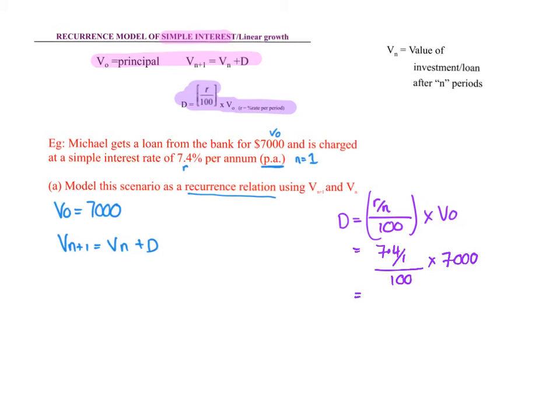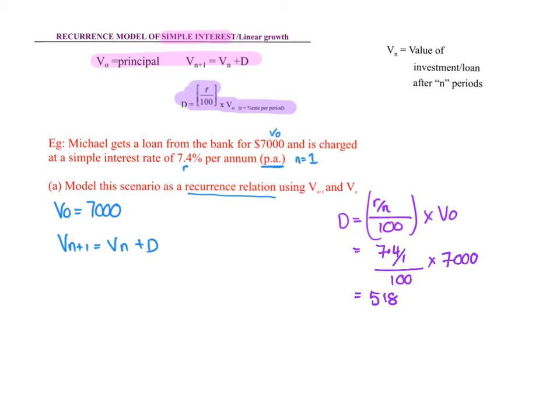When you do that on your calculator, you should get 518. So every year, 518 is going to be added to this loan. If he doesn't pay anything back, he'll pay $518 for every year he has this loan.